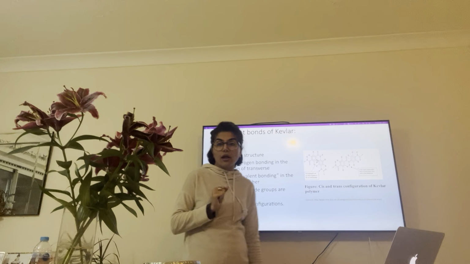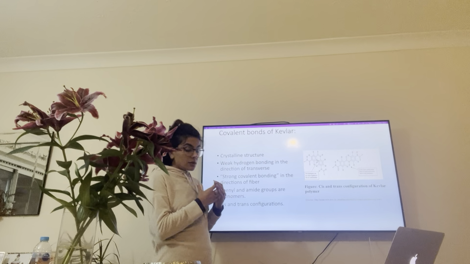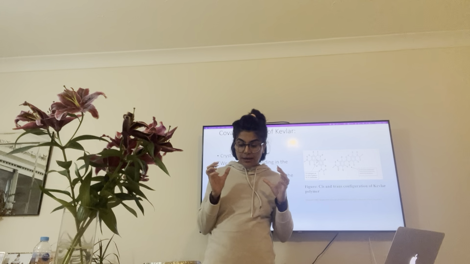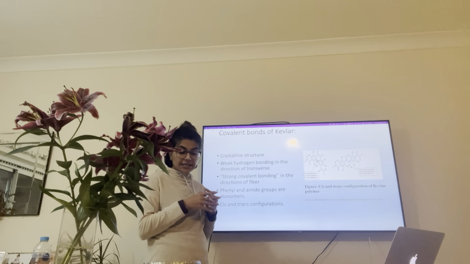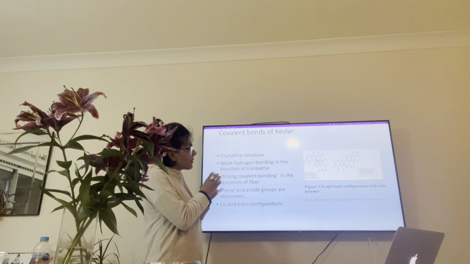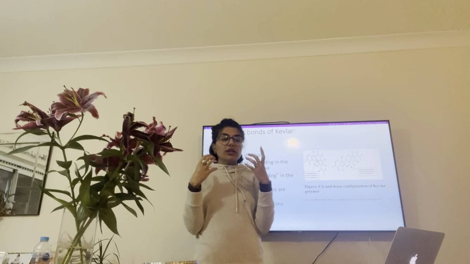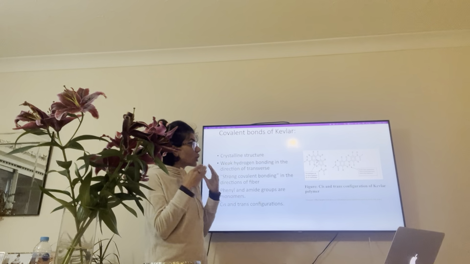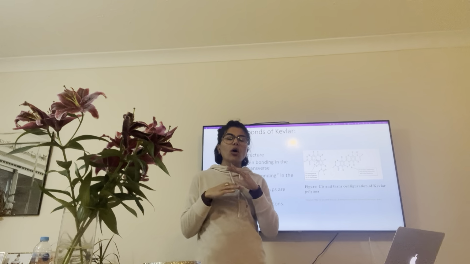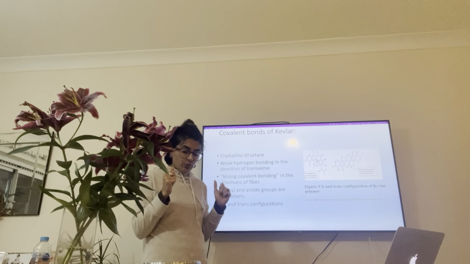Covalent bonds of Kevlar. The Kevlar polymer is crystalline and always made of monomers of phenyl groups and amides. These monomers are connected with a strong covalent bond in the direction of the fiber. The amide groups are also separated with the help of phenyl groups.